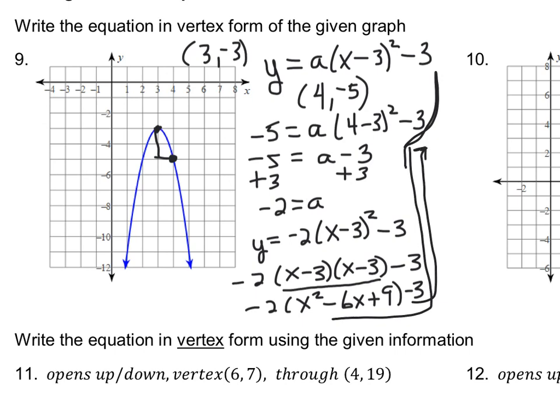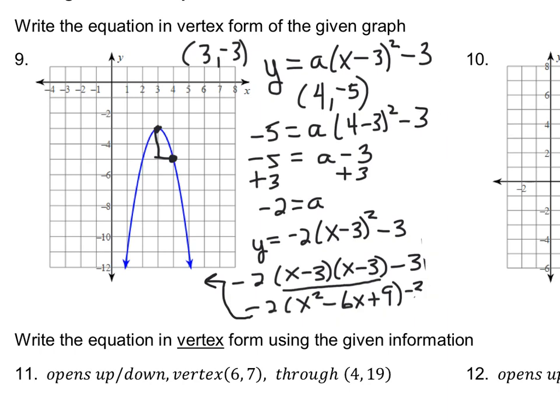Okay, so negative 2x squared plus 12x minus 18 minus 3. Oops. Let me stop this for a minute.